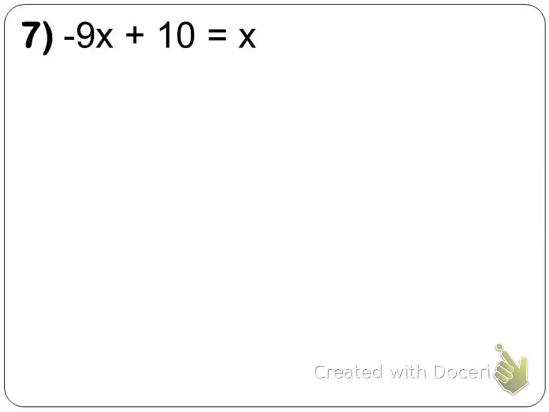Alright, same side, different sides. What do you think? Different. So do you want to move the negative 9x or the 1x? Yeah, in this case it's better to move the negative. Anytime there's a negative, that's the one I move just because it turns it into a positive. So we need to add 9x in this case.